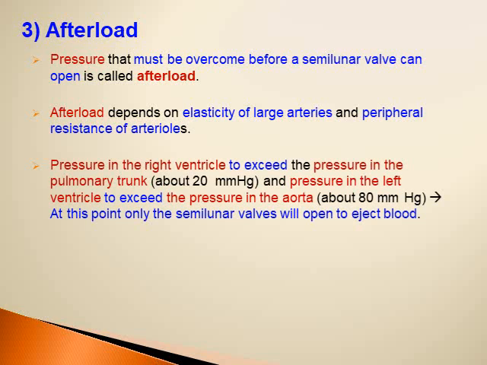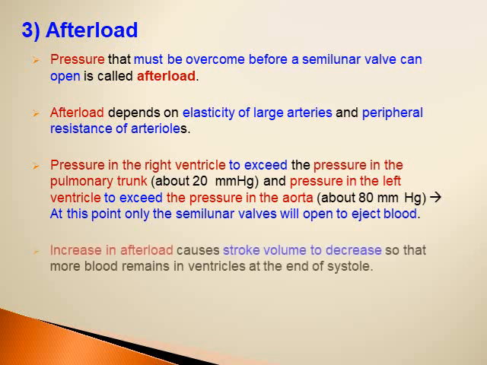Pressure in the right ventricle has to exceed the pressure in the pulmonary trunk, about 20 millimeters mercury, and pressure in the left ventricle has to exceed the pressure in the aorta of about 80 millimeters mercury. At this point, only the semilunar valves will open and blood will be ejected into these large blood vessels.